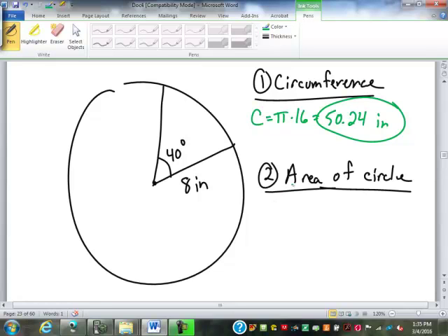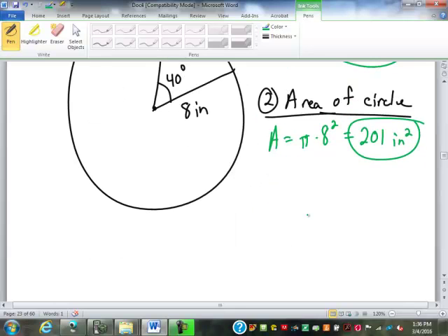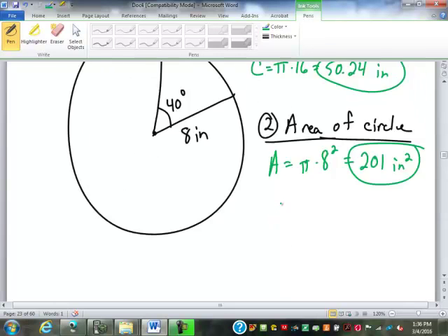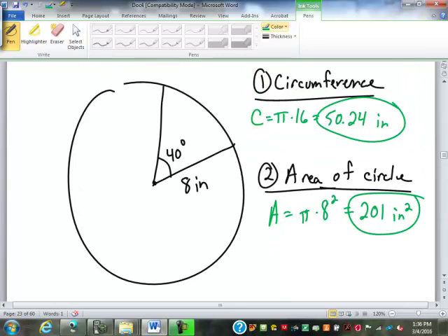For the area, pi times 8 squared, which is about 201 or 200.8, something like that. So we're going to call it 201. It's 200.9 something if you use pi. So anyway, we found that.